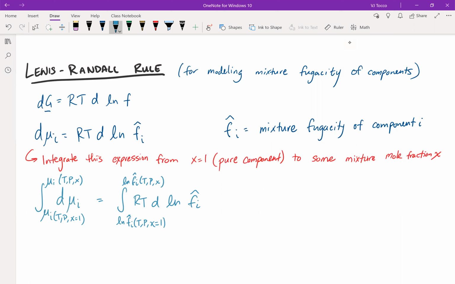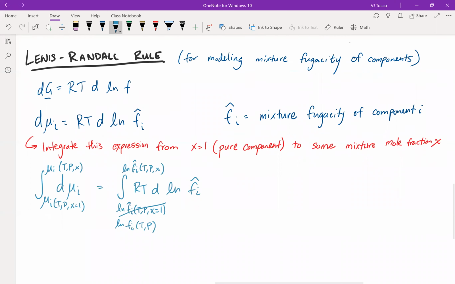So I'm just going to leave it for clarity. But what I wanted to do was, instead of calling this the ln of the mixture fugacity of component i if x is equal to 1, this is just ln of f i at T, P. Because if x is equal to 1, there is no mixture. Therefore, it's the pure component fugacity, not the mixture fugacity.